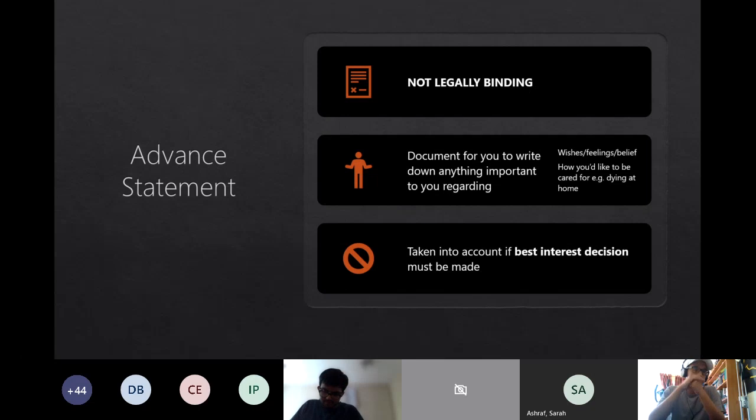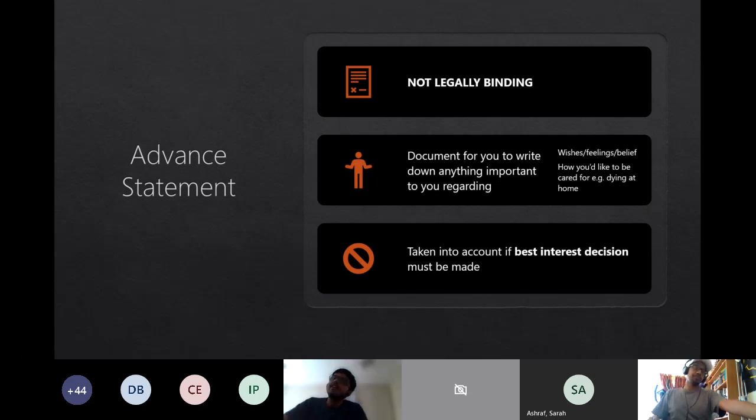Then what happens? Sure, capacity assessment, yes. And if you have the capacity, it overrides. Yeah, that's what I was trying to get at. It's always the most recent decision that you've made with capacity that counts.